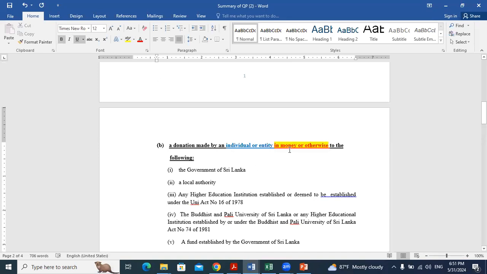In money, you know, is cash, notes and currency; otherwise, whatever the way. But in order to get the claim, the benefit, the individuals as well as the entities will have to provide the evidence, the receipts or the letters issued by the particular charitable institutions.